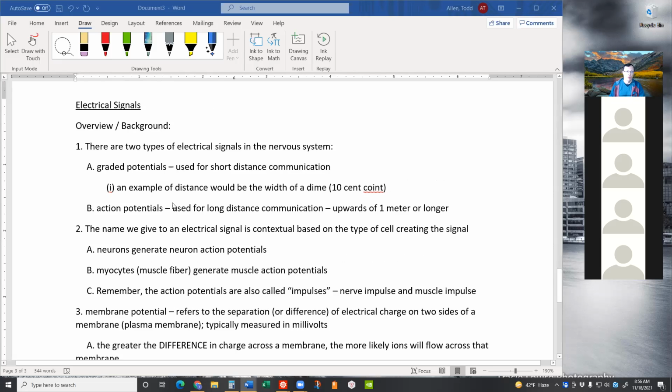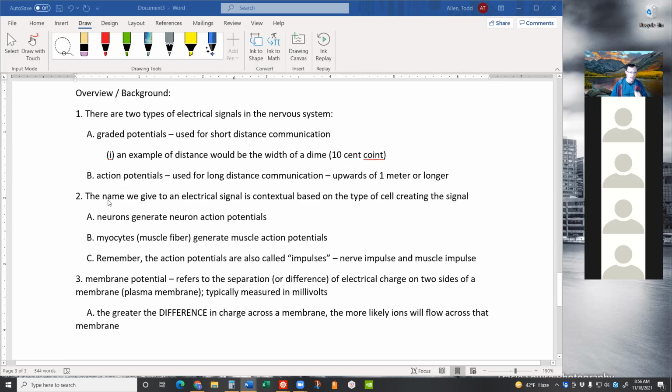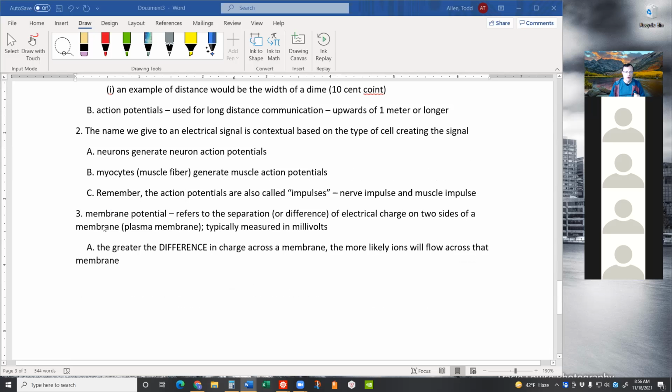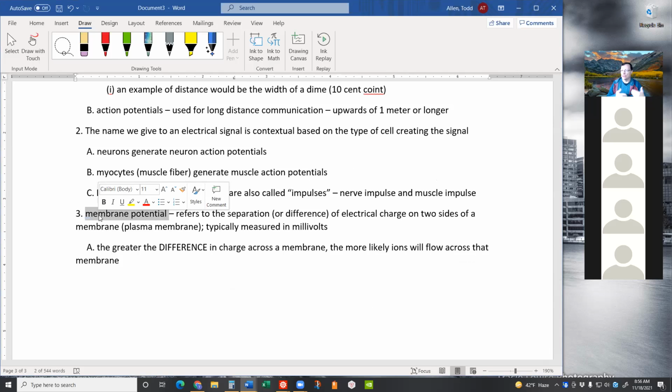All right, so we've talked about electrical signals, graded and action. We've defined kind of what they are. The video tried to show you the physiology of these things, and that's what we need to understand in greater detail at this time. Okay. And we also talked about this membrane potential idea. In other words, there's a typical difference in electrical charge on both the inner and outer surfaces of a membrane.